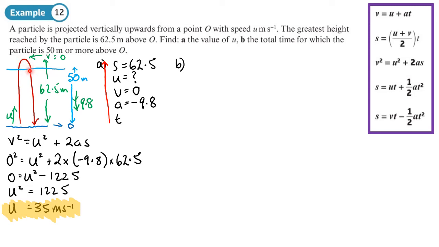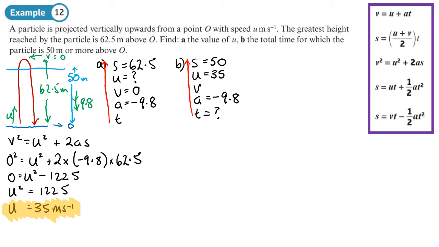Okay, so we're going to work out these values of t when S is 50. So I'll do SUVAT. I'll take upwards as positive again. I want to find the values of t when S is 50, when the value of A would be negative 9.8, and the initial velocity is 35.